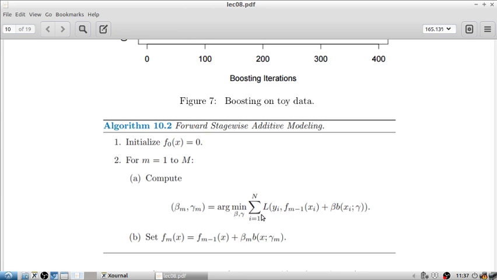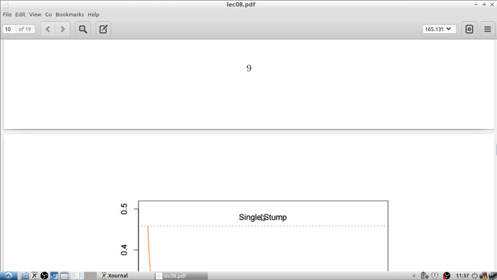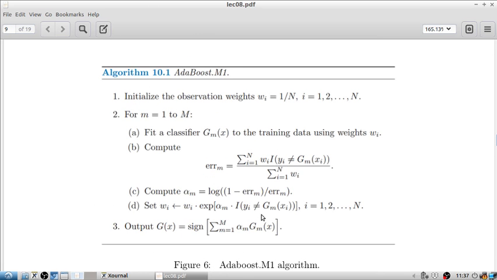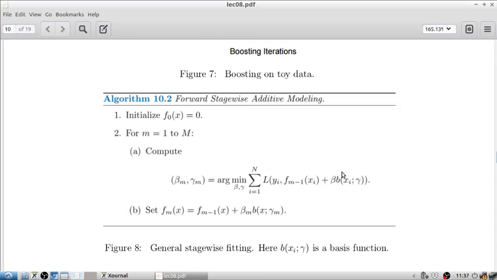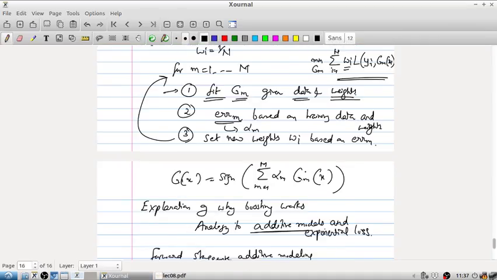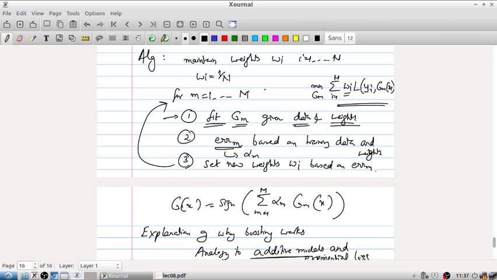But if you look at Adaboost, should I show that? There are a lot more formulas here, so let me not show that. This is what Adaboost does. It's basically manipulating weights. It's not doing forward stage-wise additive modeling, but it's still adding functions.